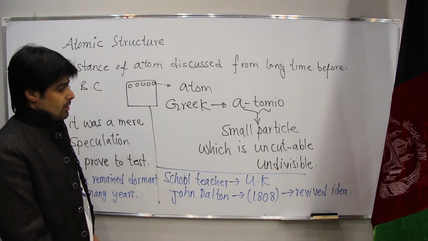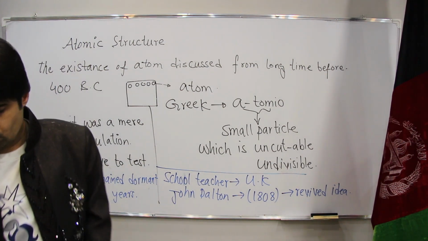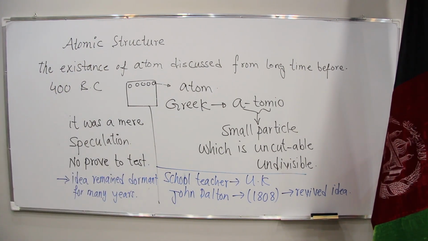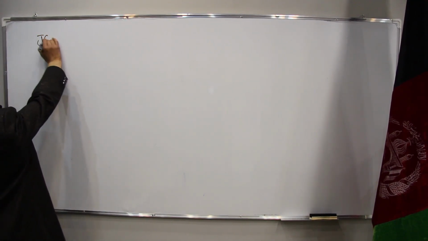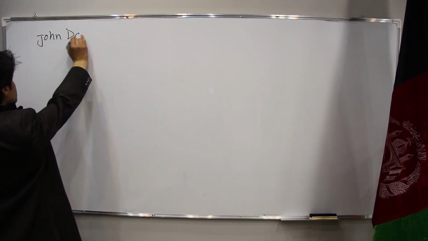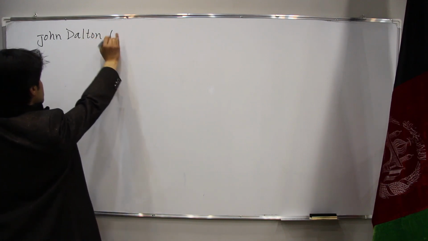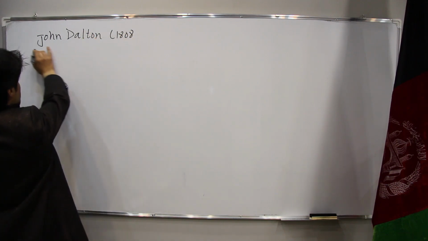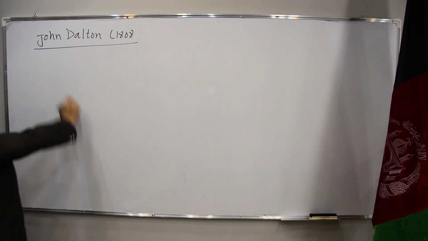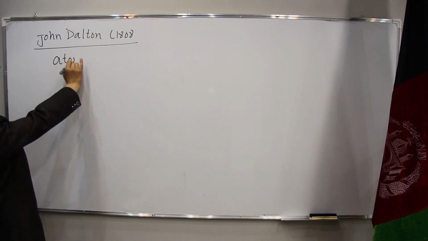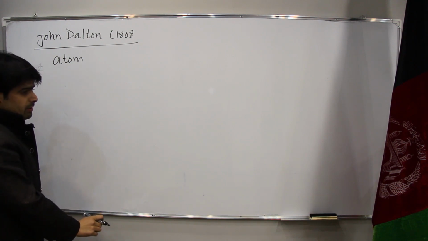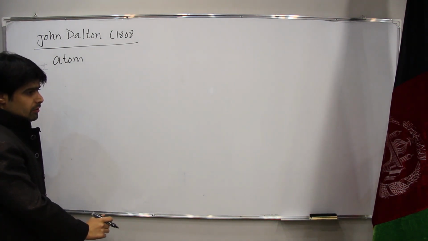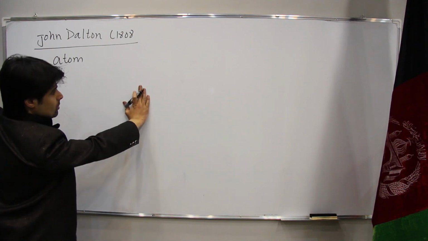Now what he said, copy it down. What John Dalton said: atom is a small particle of the matter. For example, you're looking at this board.